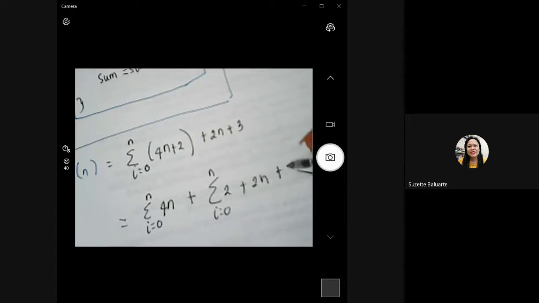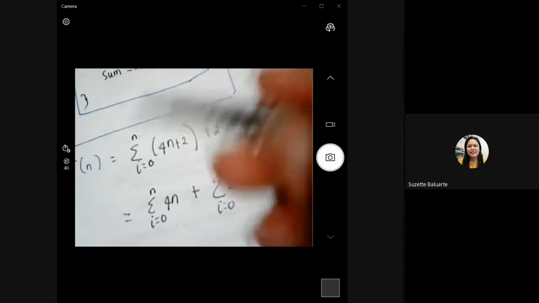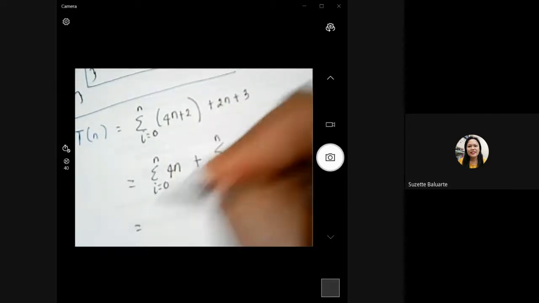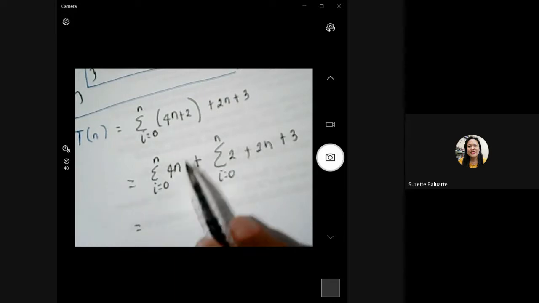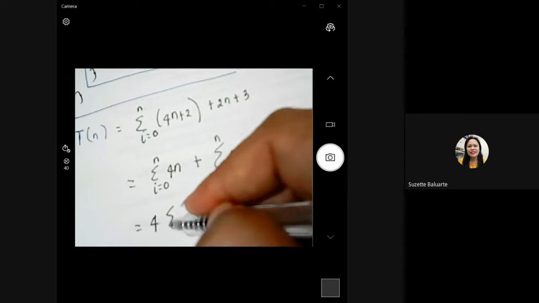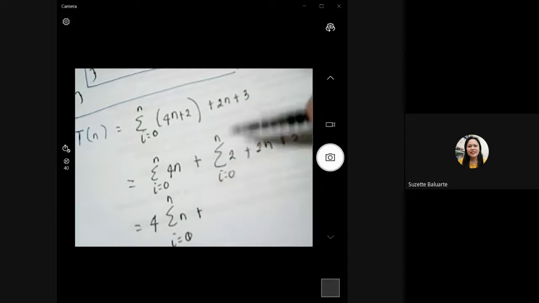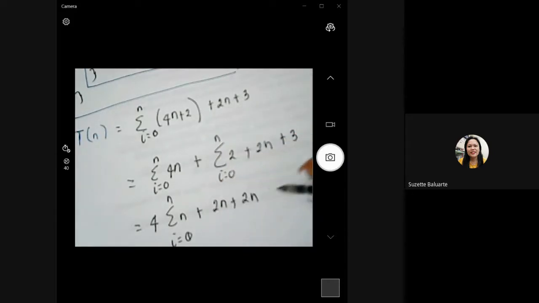Maybe, the notes you mentioned, upload them into your LMS later. Okay? Then you can take the 4 out, or you can go directly. But let's expand it properly. 4, then this is n, where i is equal to 0, plus 2n, plus 2n, plus 3.